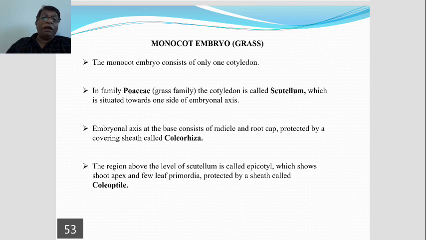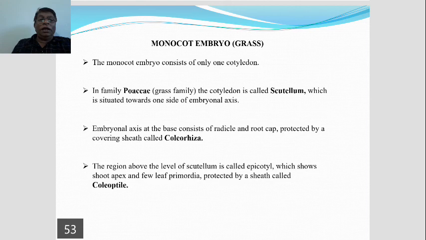This radicle in monocots is also protected by a covering or sheath. We call it coleorhiza. Coleorhiza is nothing but the protective sheath or layer of the radicle.